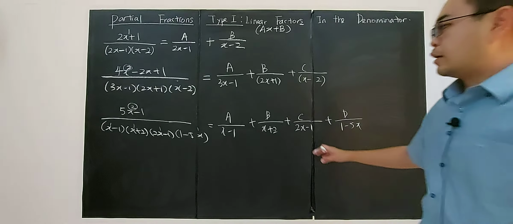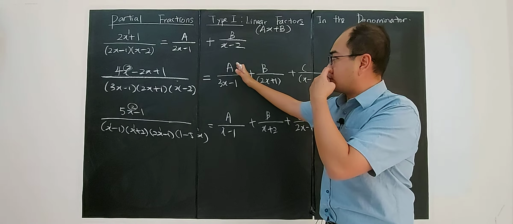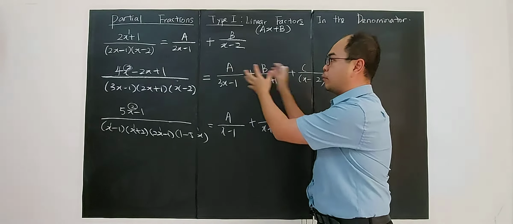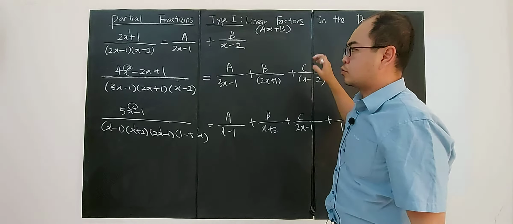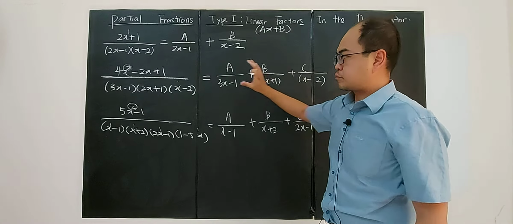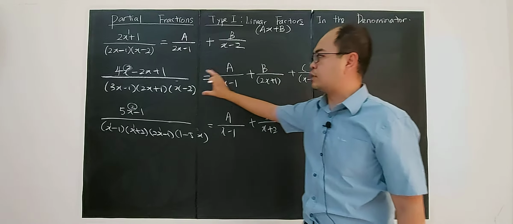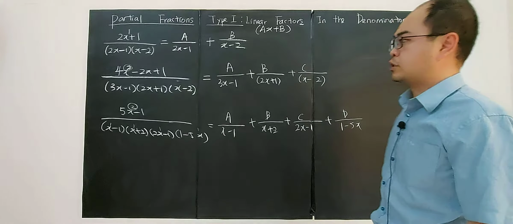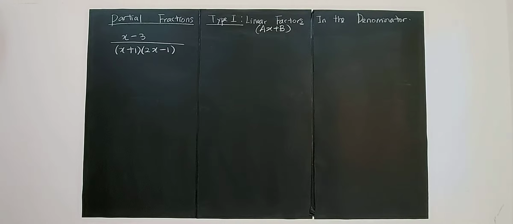In the same video, I'm going to teach you how to find the values of a, b, and c, because once you decompose it, you have to find the values of a, b, and c to get the partial fraction for this rational polynomial function. Let's look at these examples.